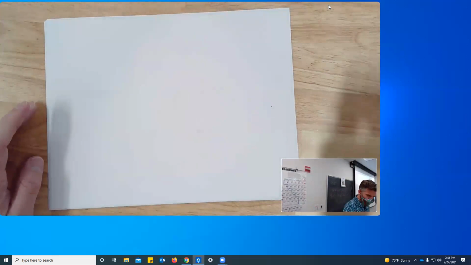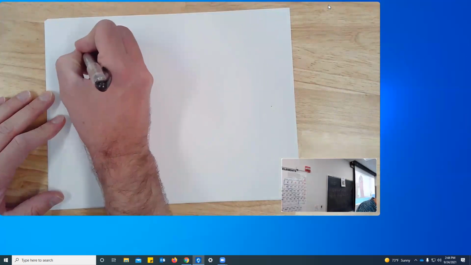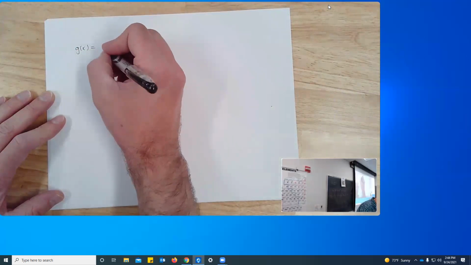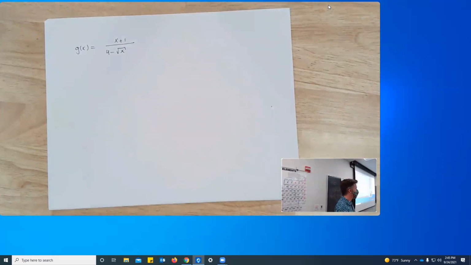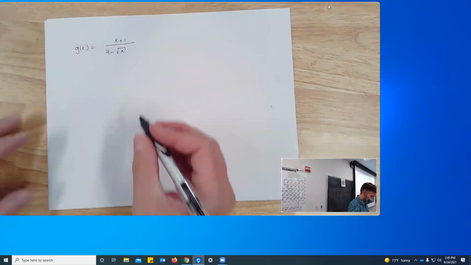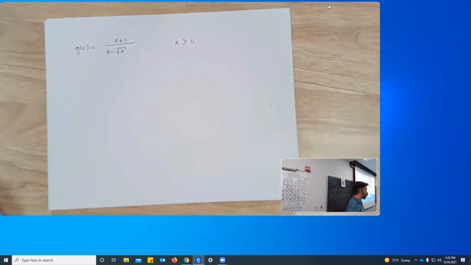Sure. Let's look at this one here. Let's look at g of x equals x plus 1 over 4 minus the square root of x. So we have a couple domain things happening here at the same time. First and foremost, the insides of a square root have to be non-negative. So we know right off the bat, x has to be greater than or equal to 0. But then we also have at play the possibility of dividing by 0.